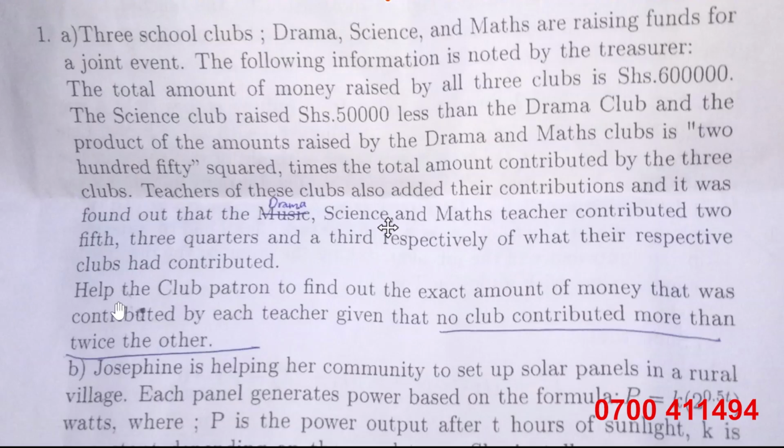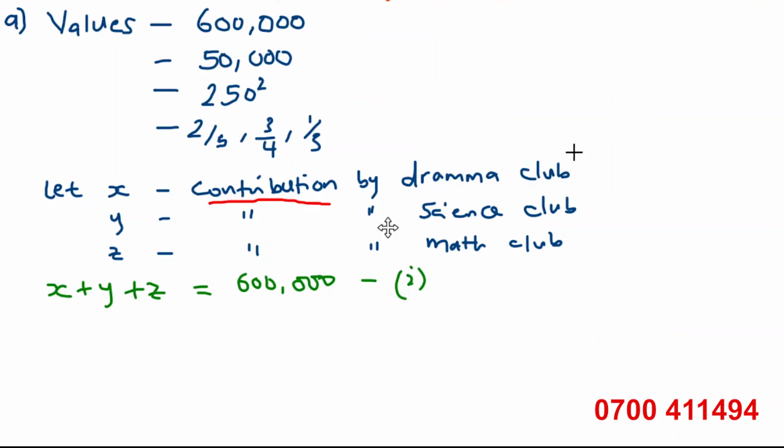We go back. The science club raised 50,000 shillings less than the drama club. So the contribution of the science club, which is Y, was 50,000 less than that of the drama club.